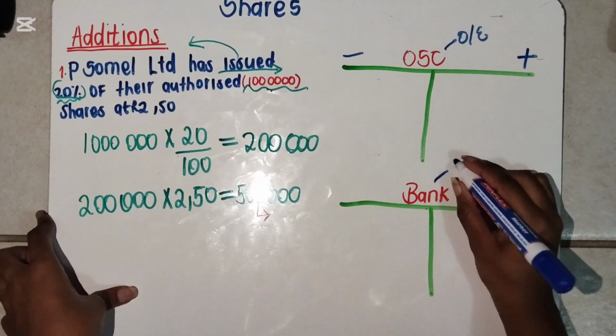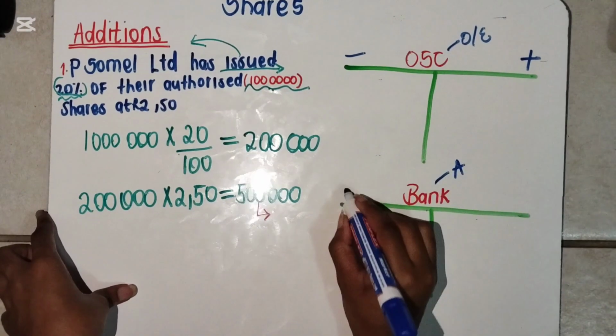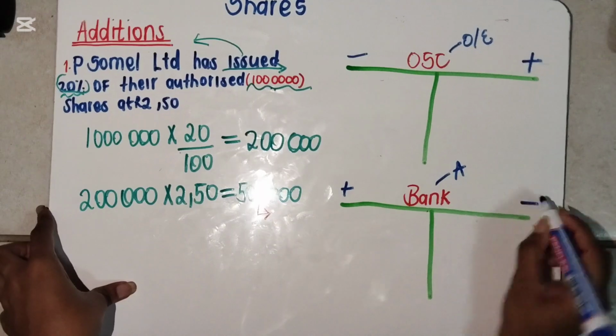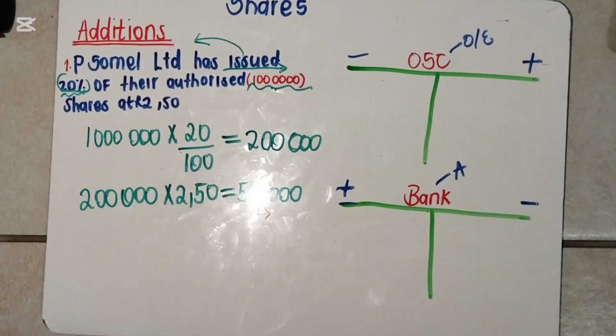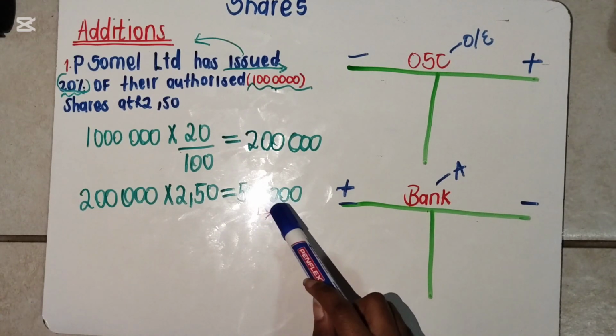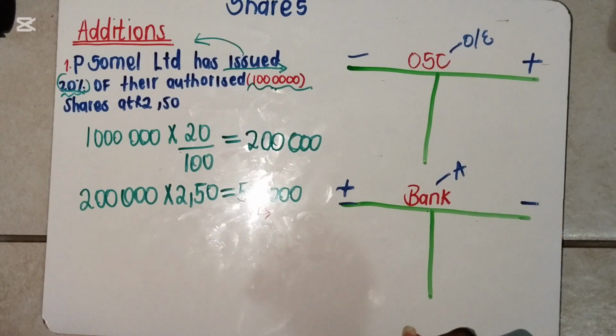Since your money is coming into your bank account, the public, small individuals, shareholders, people who want to invest in your company are giving you money so they can have returns in the future. So it means your bank will increase, meaning it's on this side. So you'll have 500,000.